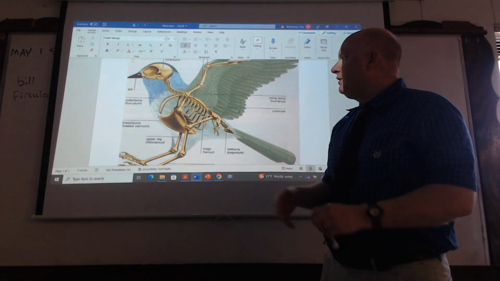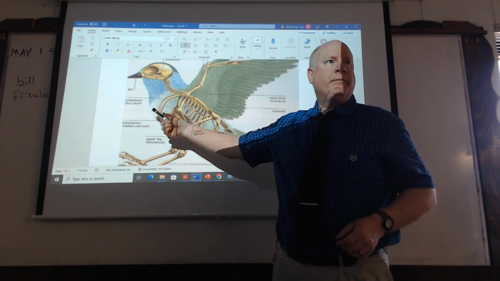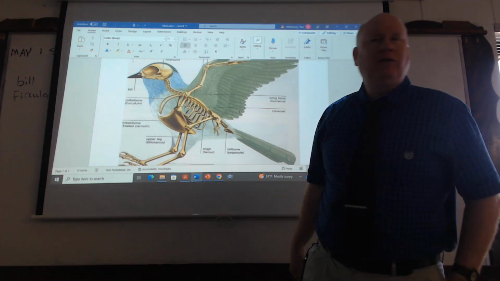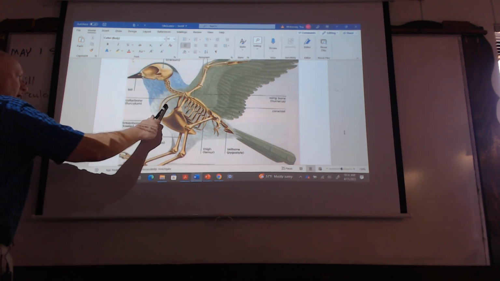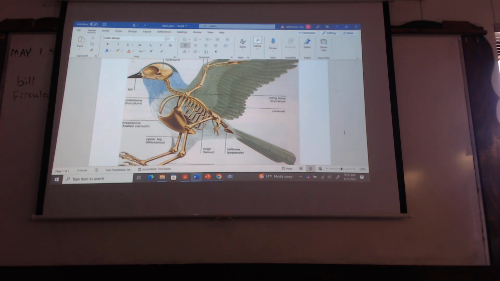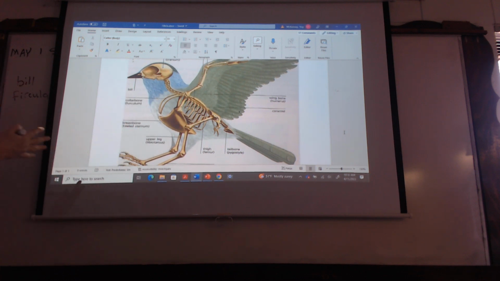So what that means then is this, perhaps when you might have had a parent say, okay, you grab one side, I grab the other, because this bone is called what? The wishbone. So the furcula is the scientific name for this common wishbone right here. But don't call it the wishbone. It's the furcula. Okay?